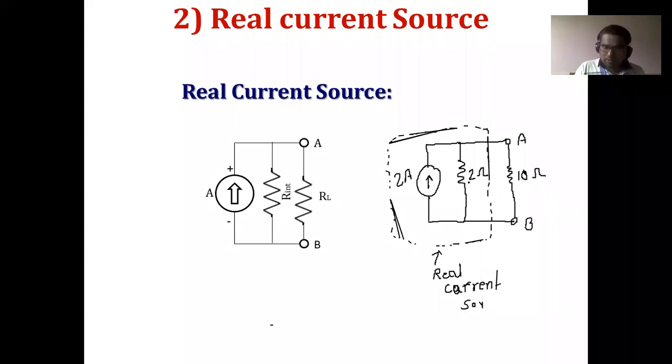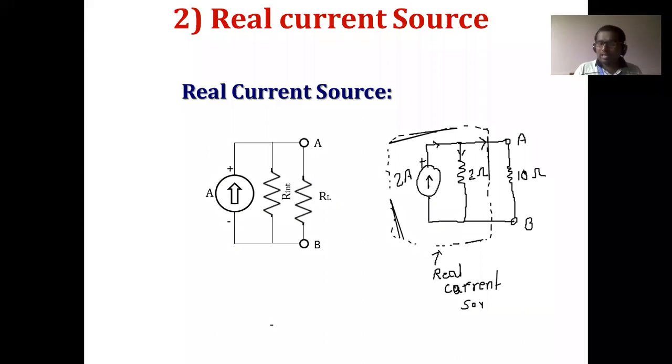Now, when this 2 ampere current starts its journey from the positive terminal, it flows in this direction. When it comes to this point, what happens? Some part of the current will take the path of the 2 ohm resistance, and another part of the current will take the path of the 10 ohm resistance.